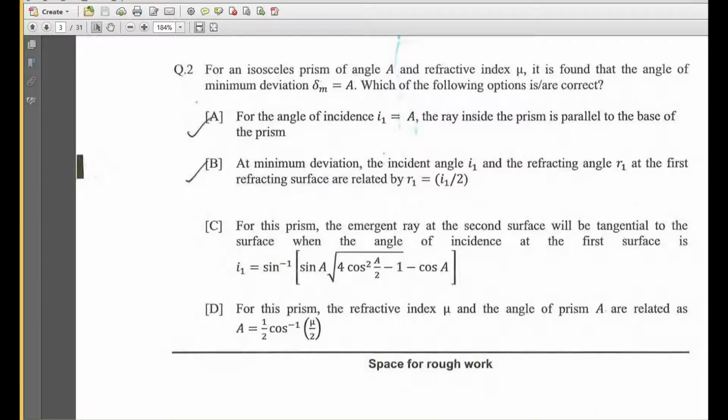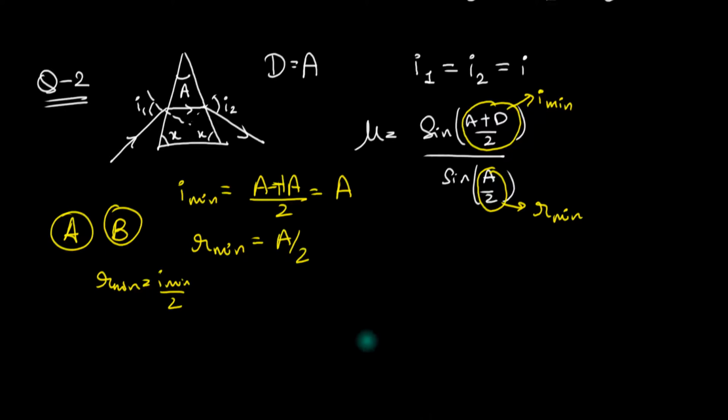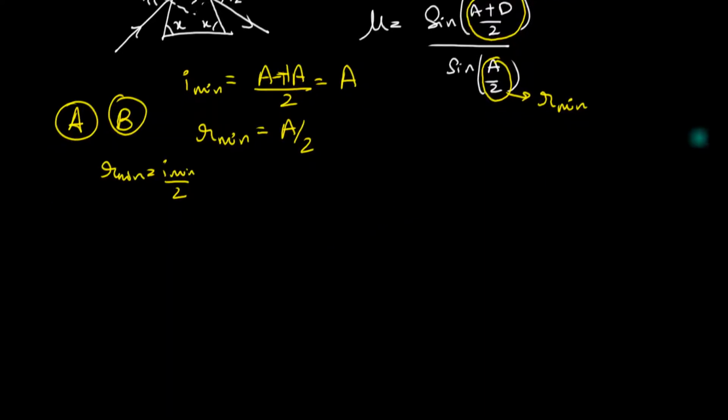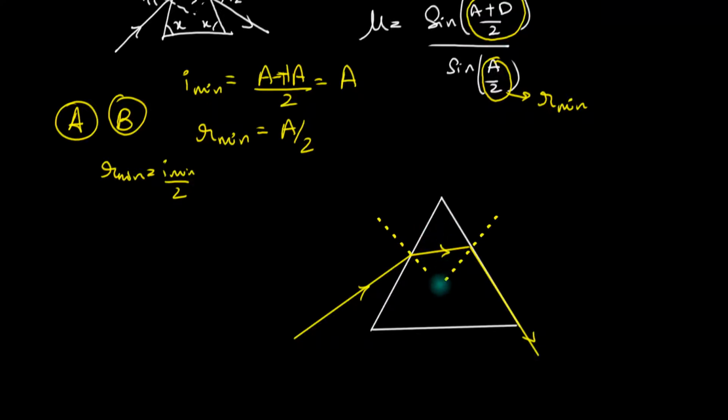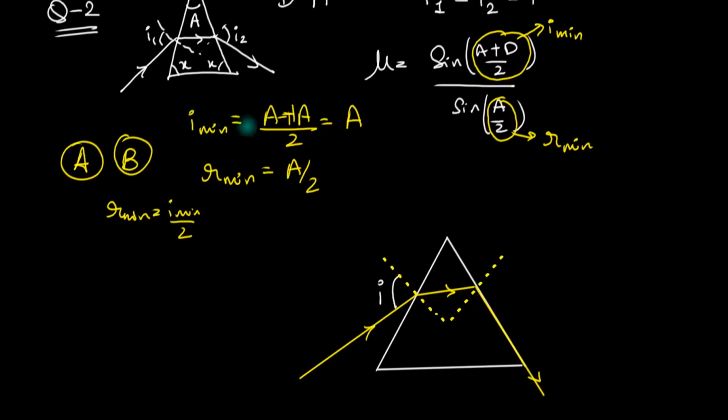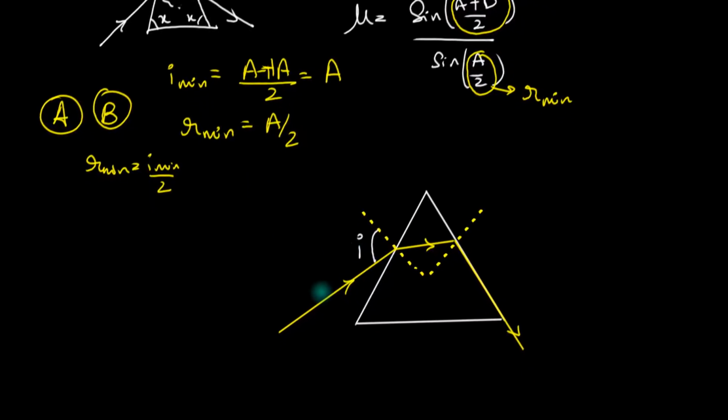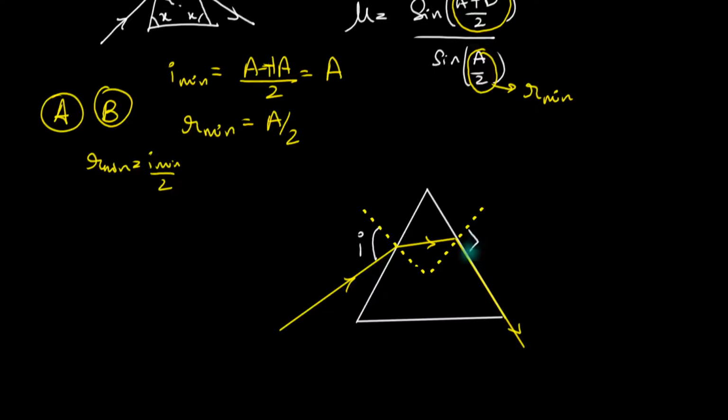Okay. So what we want this time is this. We have our prism. So here is our prism. We need to find out what this angle over here is for that to happen. That is not I min, because we are not getting minimum deviation. We want this to be 90.